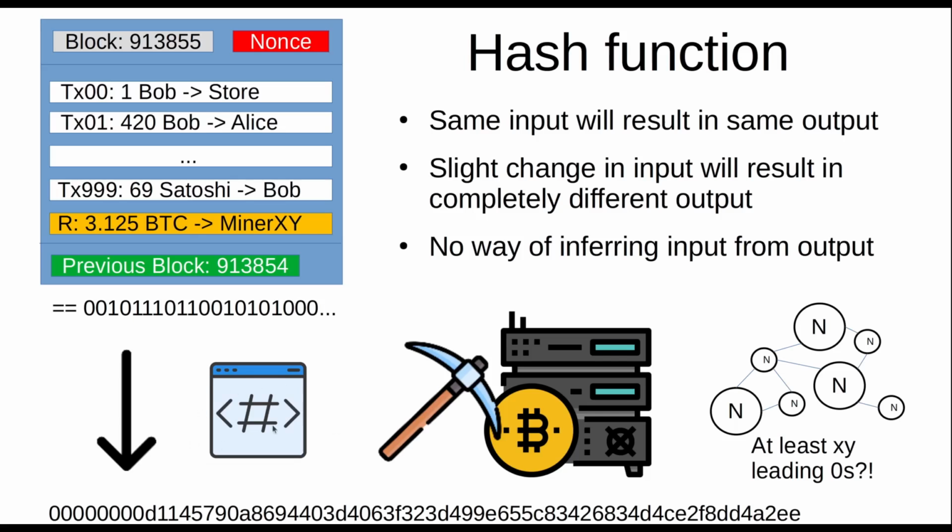The important thing for now is that these hash functions have certain very important and consequential properties. And the first one is that the same input will result in the same output.